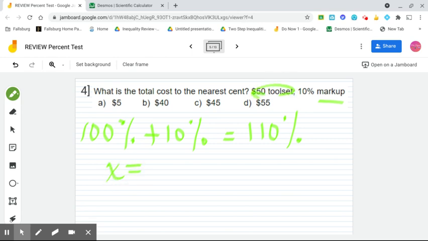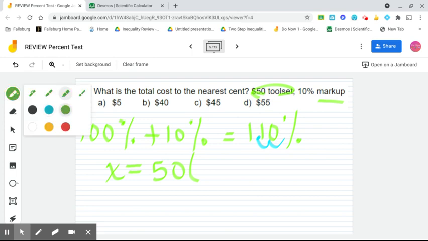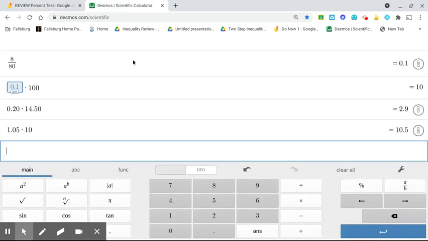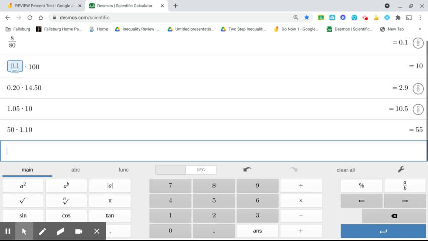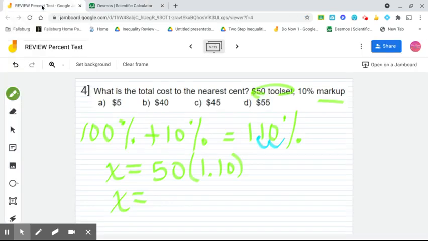So we're going to do x equals 50 times our percentage, but we want to move 2 to the left. I'm going to get 1.10. So I have 50 times 1.10 gives me 55. So that means the total cost is going to be $55.